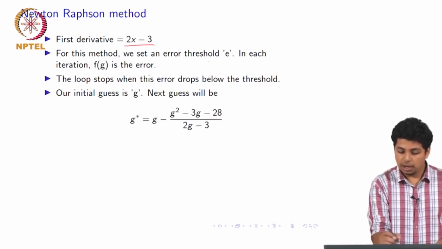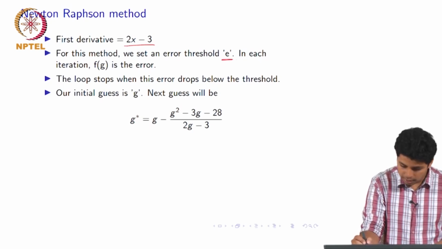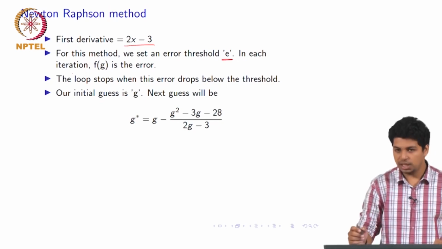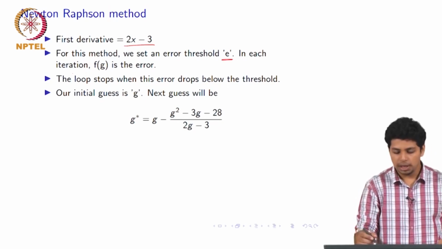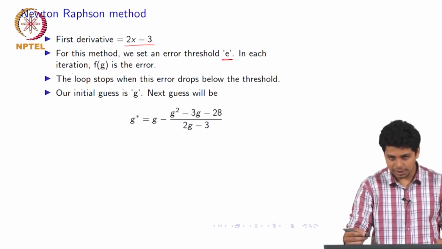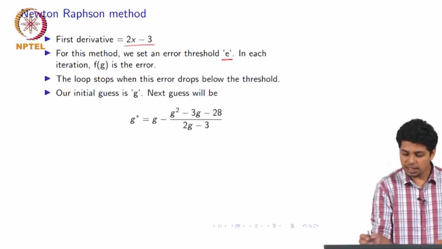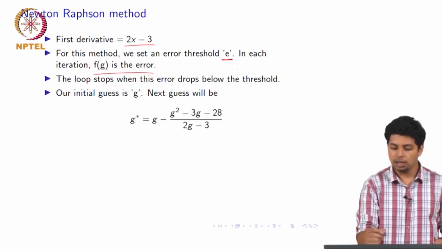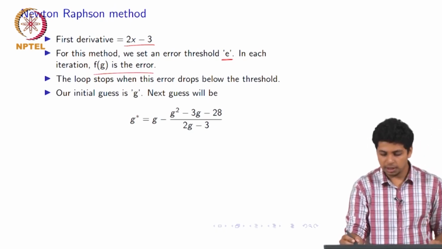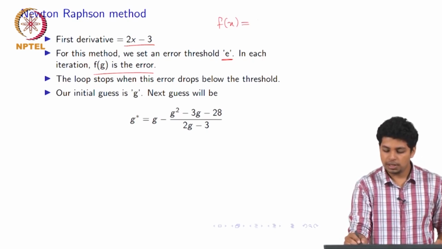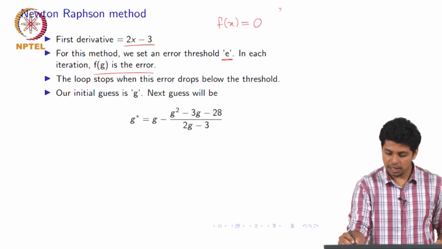Now in this method, we set an error threshold e, and in each iteration that we are running, because essentially when we are updating our guess, we are iterating the entire method and generating a new value of the guess each time. So for each iteration, f of g will be the error, because typically the way we find the root of an equation is, say we have f of x as a function, and we say that x is a solution for which f of x is 0.